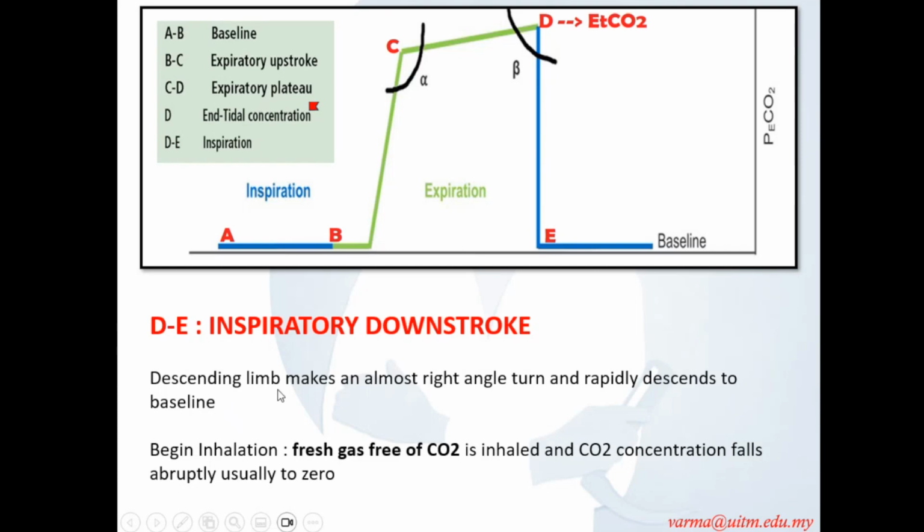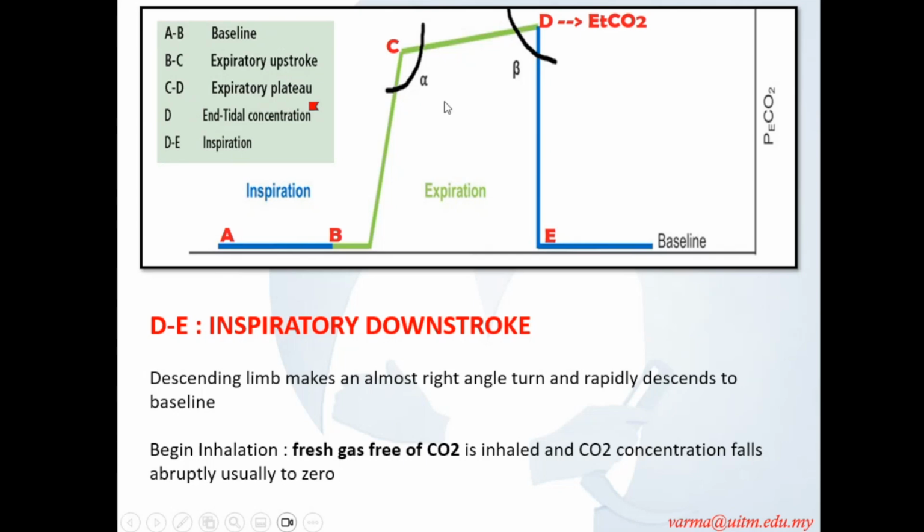So the descending limb makes an almost right angle turn and rapidly descends to baseline. This is the beginning of inhalation. Fresh gas free of CO2 is inhaled and CO2 concentration falls abruptly to 0. The E phase is then your inspiratory baseline. So these are the different phases of your capnogram and what is actually happening physiologically.